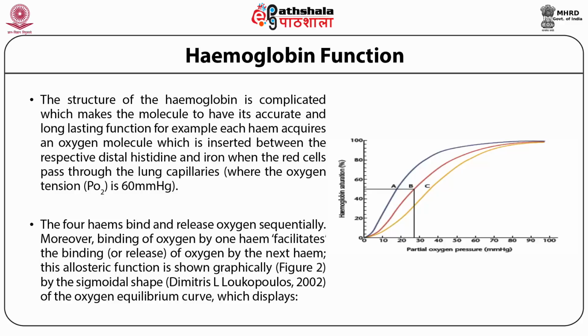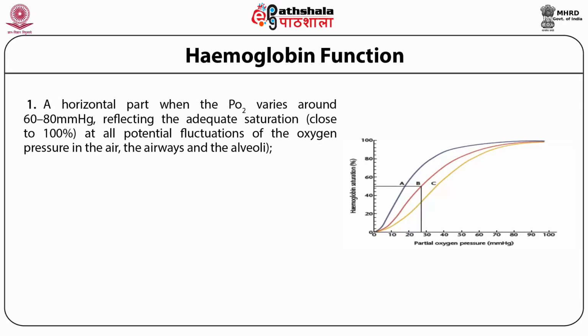This allosteric function is already discussed in the figure by the sigmoidal shape of the oxygen equilibrium curve, which displays a horizontal part when the PO2 varies around 60 to 80 mmHg, reflecting the adequate saturation that is close to 100% at all potential fluctuations of the oxygen pressure in the air, the airways and the alveoli.